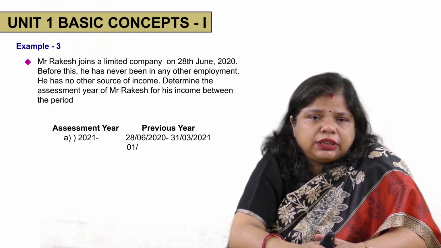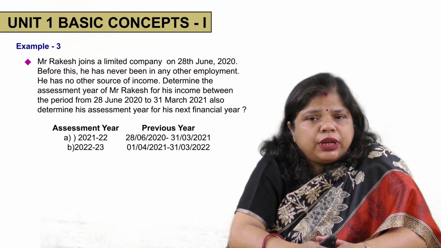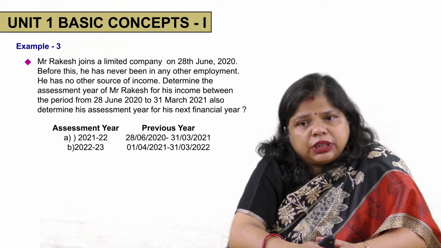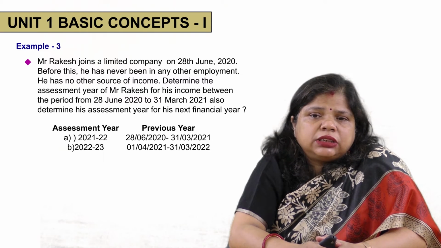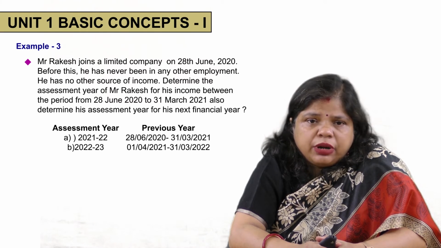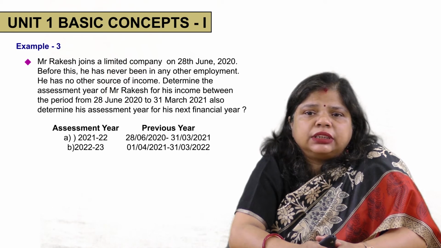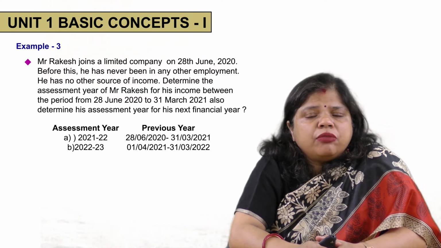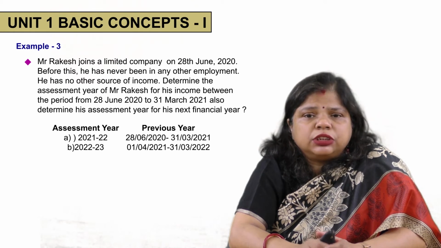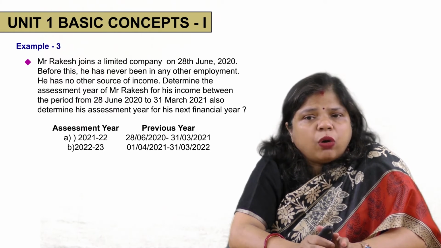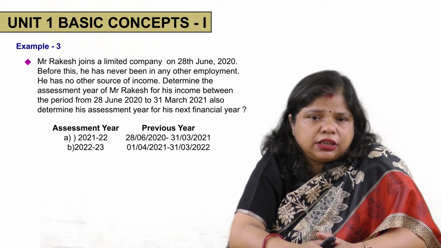Let us take one more example. Mr. X joined a limited company on 28 June 2020. Before this, he has never been in any other employment. He has no other source of income. Determine the assessment year of Mr. X for his income between the period from 28 June 2020 to 31st March 2021 and also determine his assessment year for his next financial year.